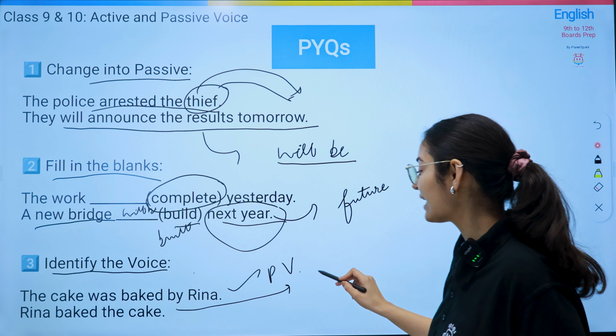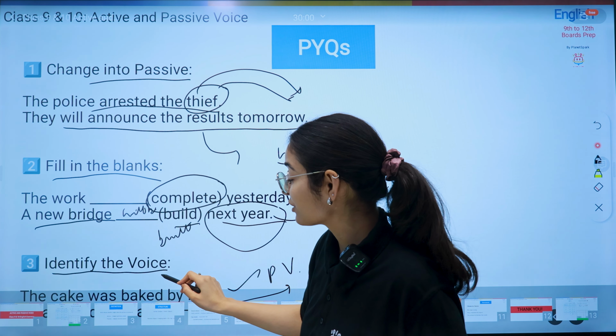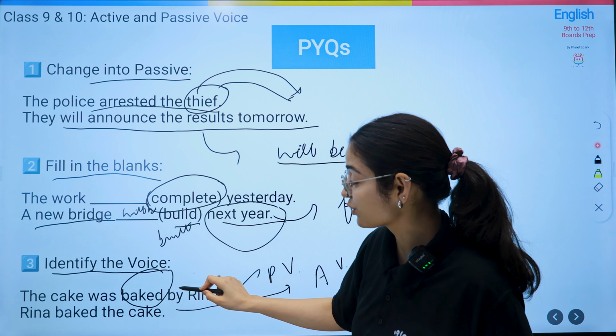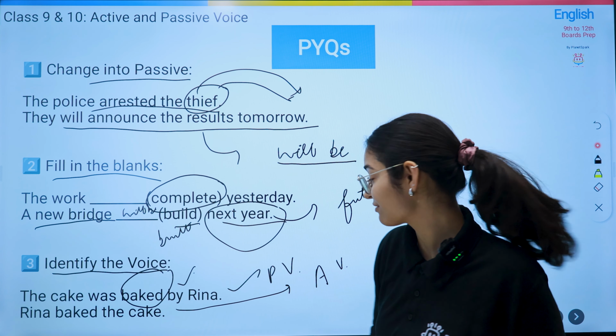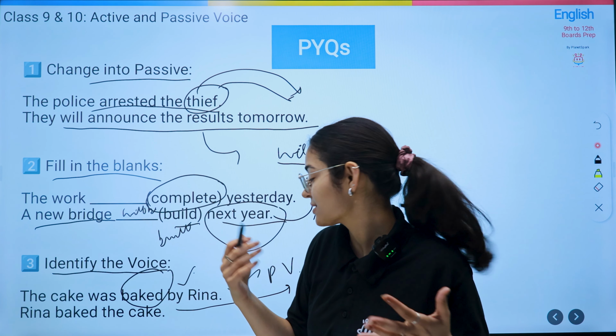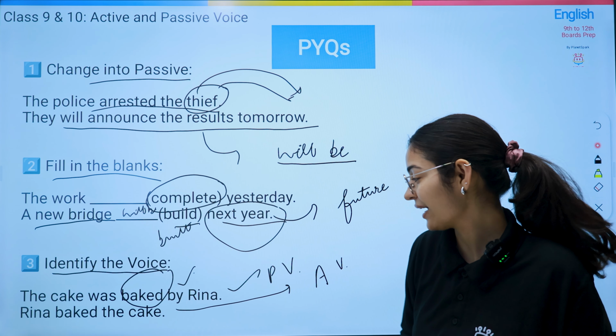Yes, it is in active voice. You can see here we have used the third form of the verb, which is baked. There is the use of by, so you can easily identify that this sentence is in passive voice. And in the second one, there is the use of the second form of verb and there is no by, right? So I think it's very easy to understand that it is in active voice.